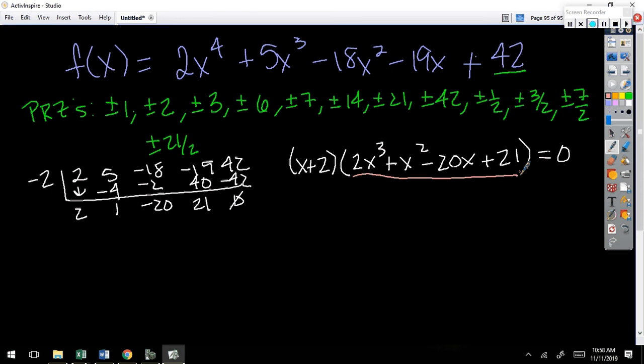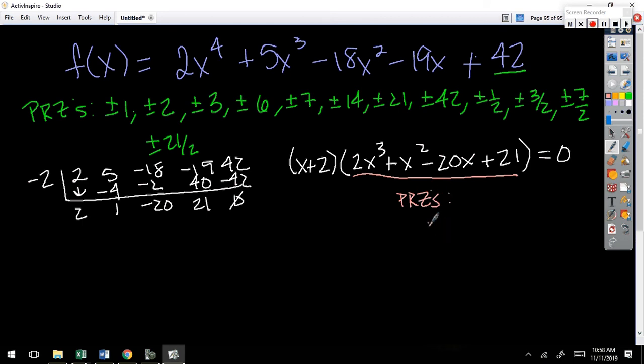It won't group. Wait, why can't you just take the other zeros and plug it in here? So you could, but I want you to understand what it is we're doing. I want you to understand if you don't have a calculator, which you could be in the position at some point where you don't have a calculator and you have to know how to do it, then I would do PRZs of this one, the one that's underlined in pink, okay?